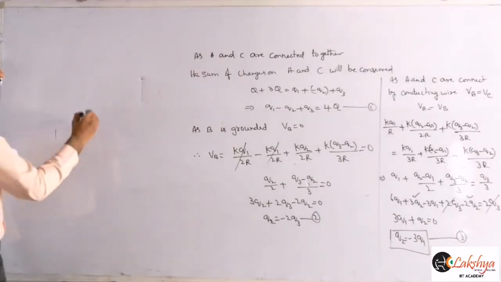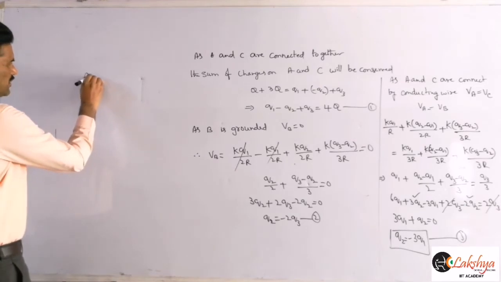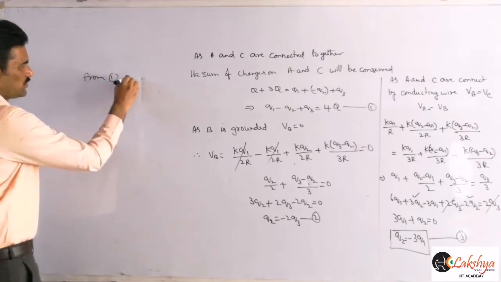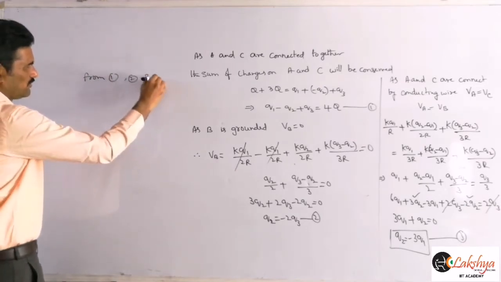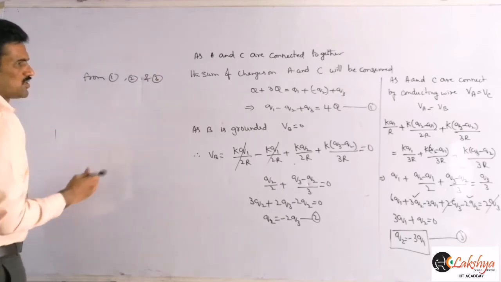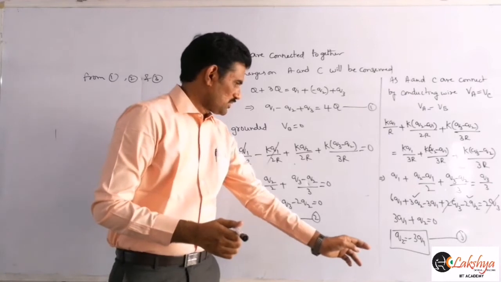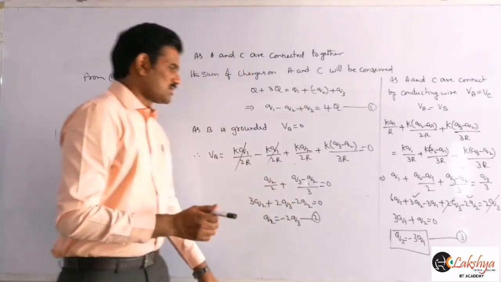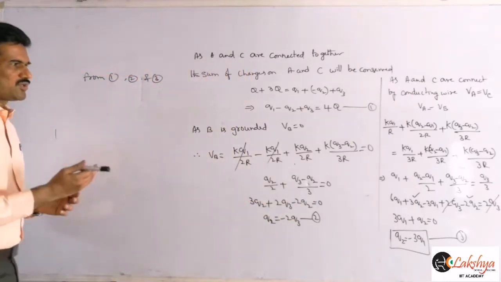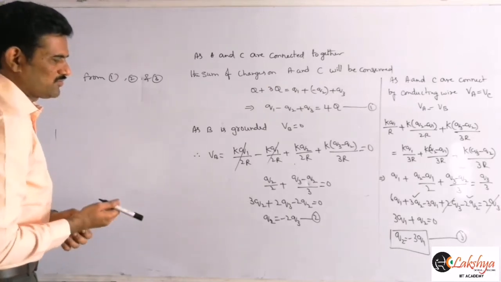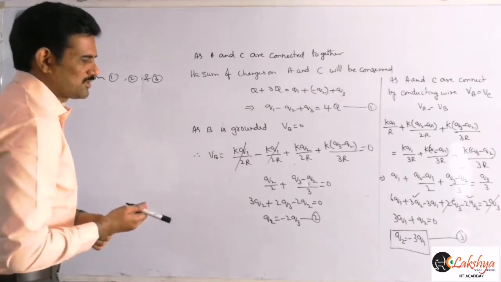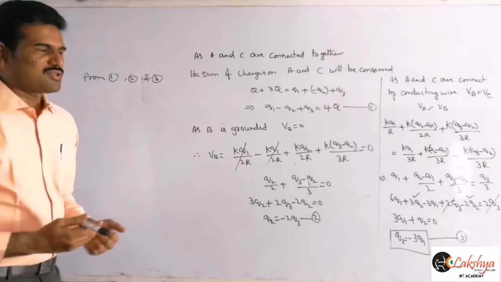So now simply from equations 1, 2 and 3, I am converting the total in terms of Q2. Let us eliminate Q1 and Q3, or you can eliminate any one of them. I am writing the total values in terms of Q2, right?